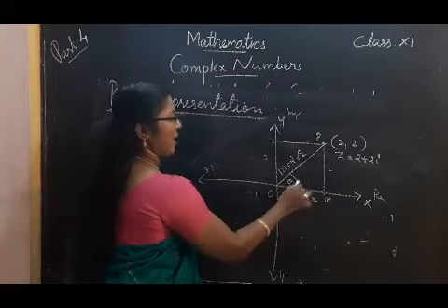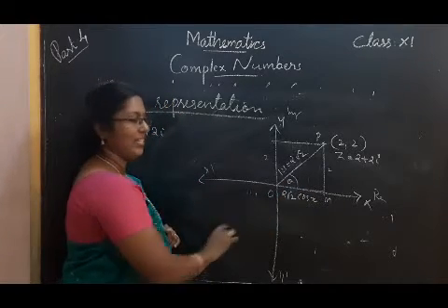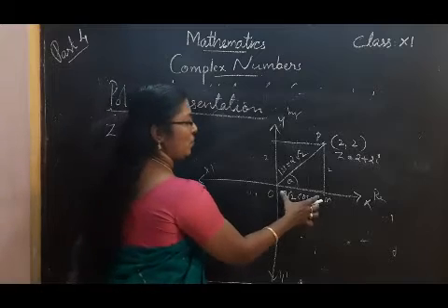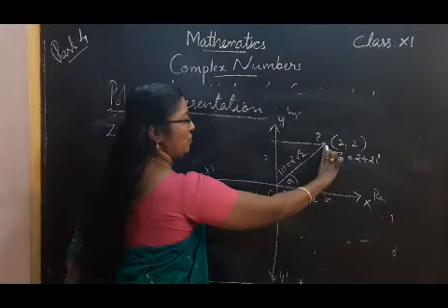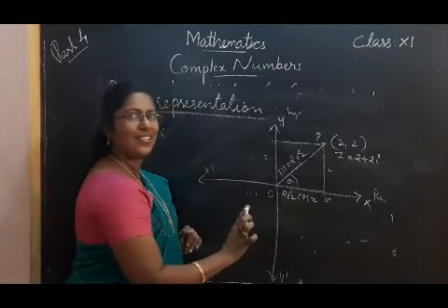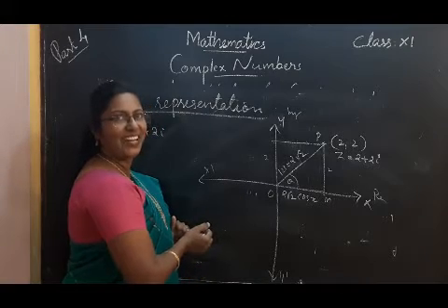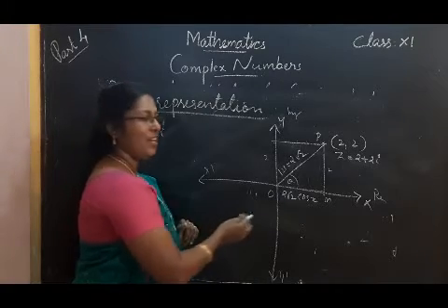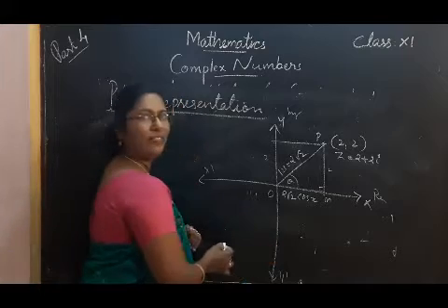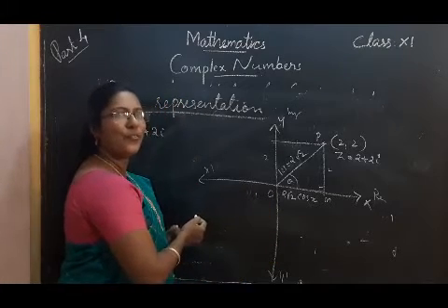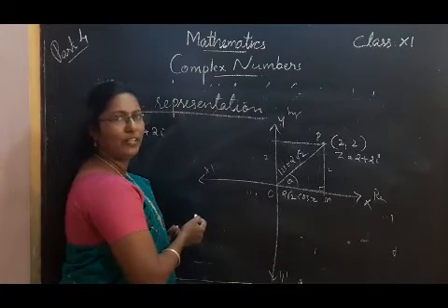This is theta. What about theta? This is 2 and 2, an isosceles triangle, so the base angles are equal. This angle is 90, so theta is 45.